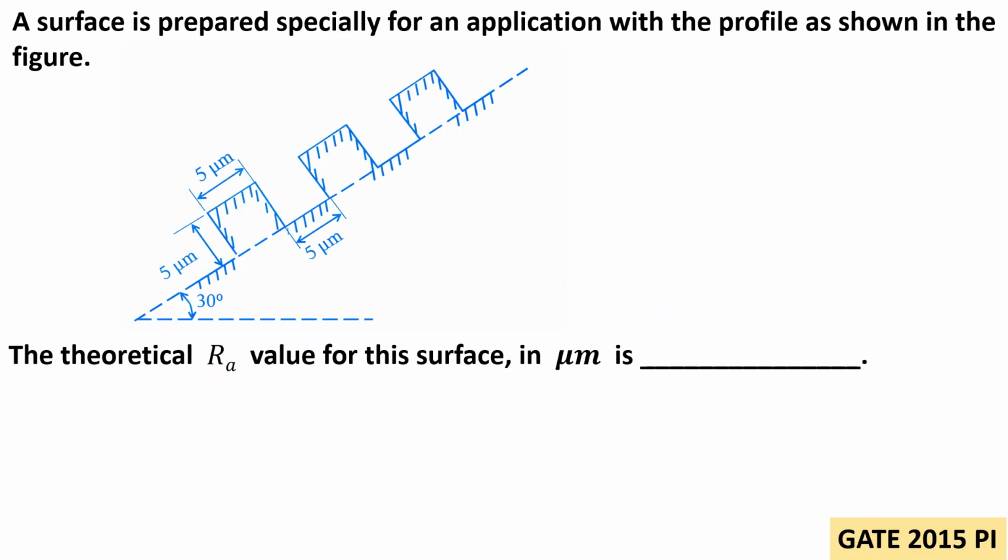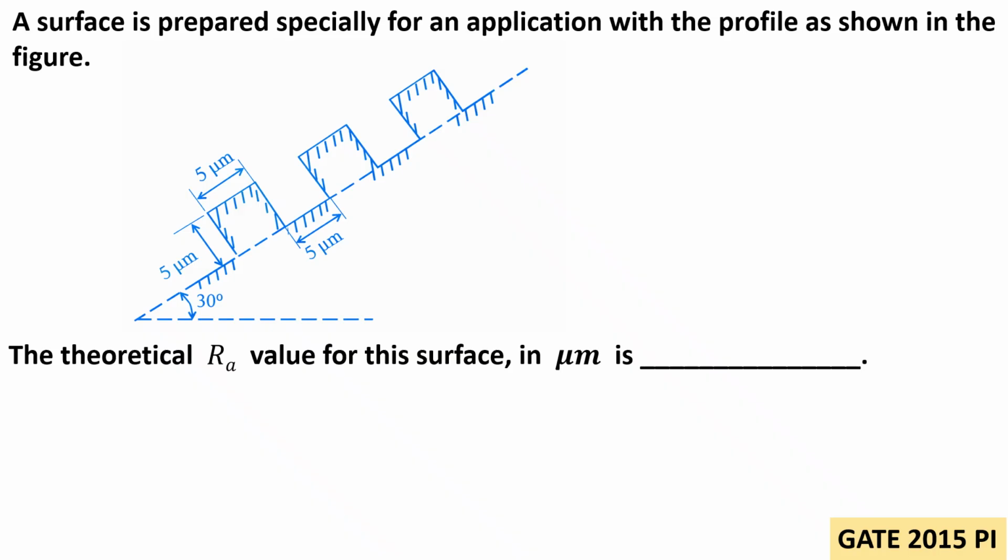Next we have to see one more problem. This question was asked in GATE 2015 for the production and industrial paper. So let's see the problem. A surface is prepared especially for an application with the profile as shown in the figure. Then the theoretical Ra value for this surface is in microns. Here it is given the rectangular profile.